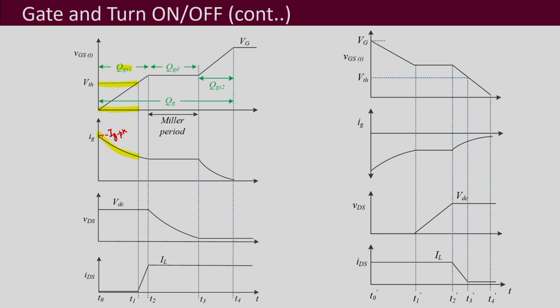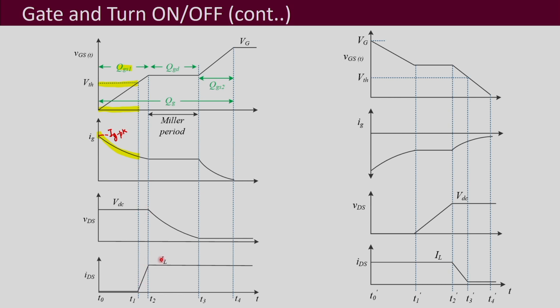from where it starts, and it is going to decrease as this CGS is going to be charged. So it decreases, then it reaches the threshold voltage. Once it reaches the threshold voltage, your current will start to increase, and at that time the drain to source voltage does not change even then.